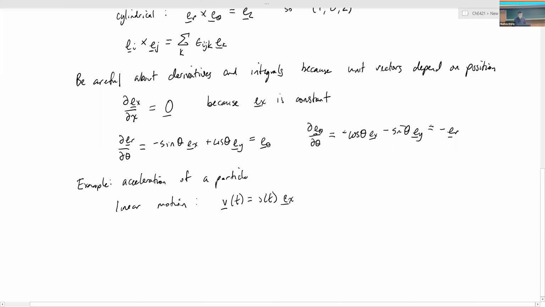So the velocity is s of t times ex. Sorry, not the speed of the particle. It's the position of a particle is just going to be s of t, and it's going to move along x. Or I guess, yeah, the speed of the particle is going to be s of t as it moves along x.